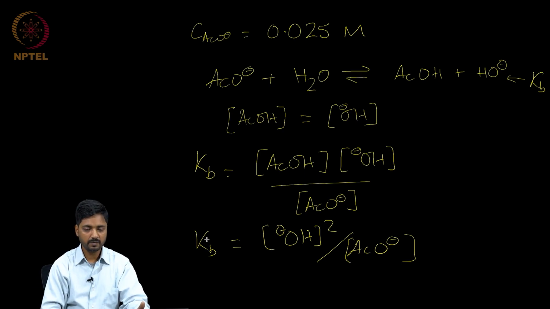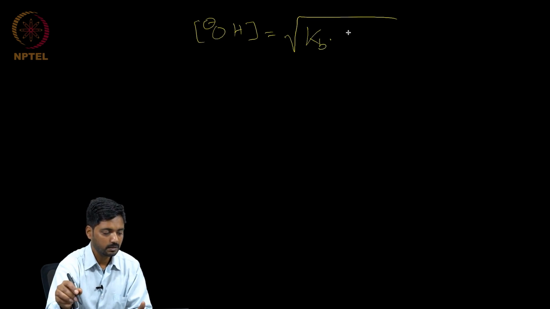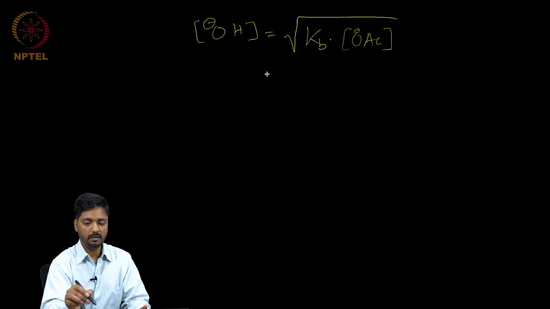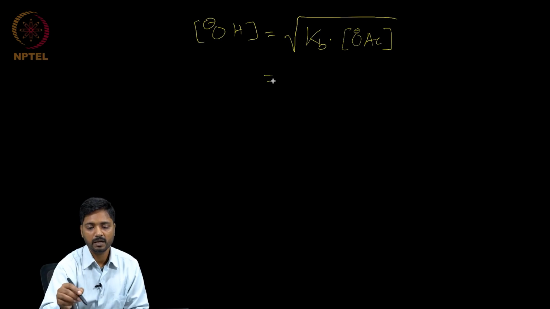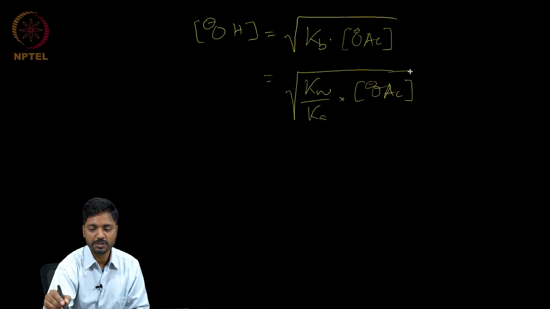Now, as we solve this, what we get is that the hydroxyl ion concentration is nothing but the square root of the Kb into the concentration of acetate anions, and the Kb value can be calculated as Kw by Ka into the acetate anion concentration.